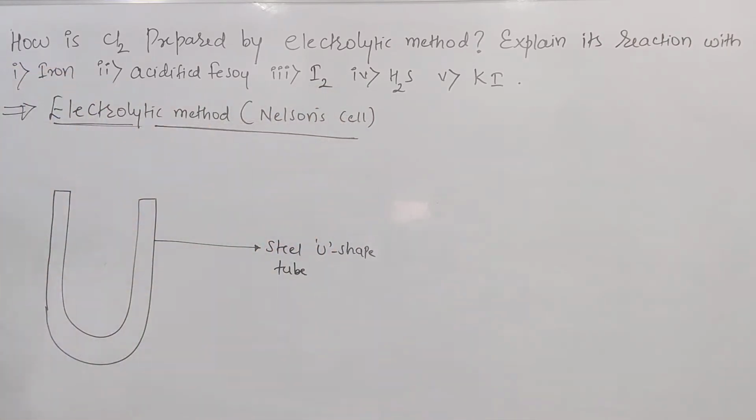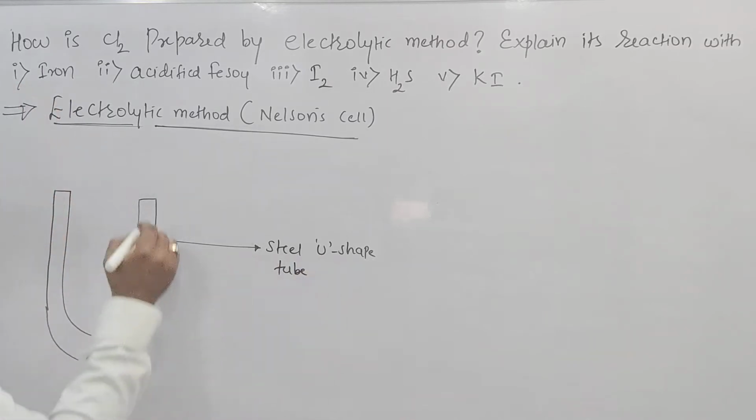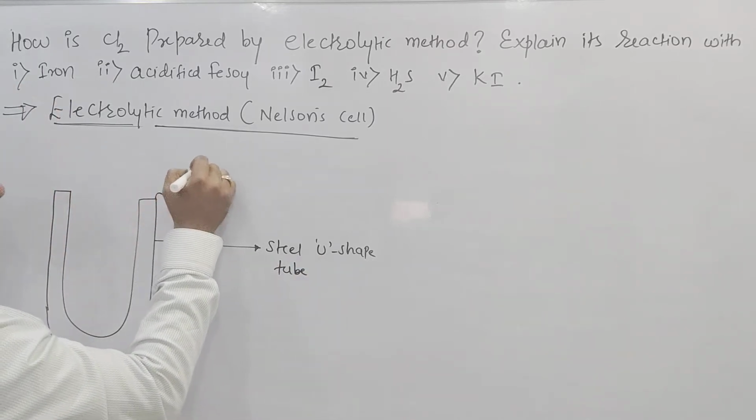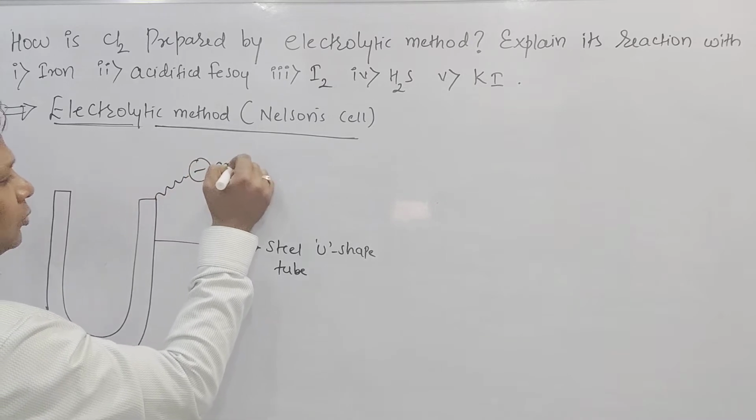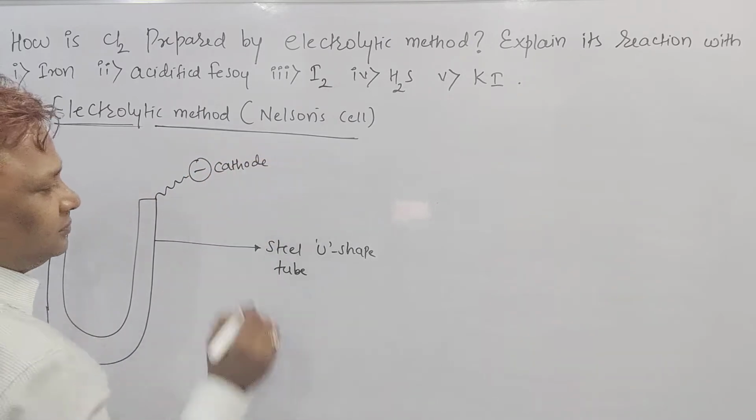How? See here, take a U-shaped tube. This is a steel U-shaped tube, and this steel U-shaped tube itself acts as the negatively charged electrode called the cathode.